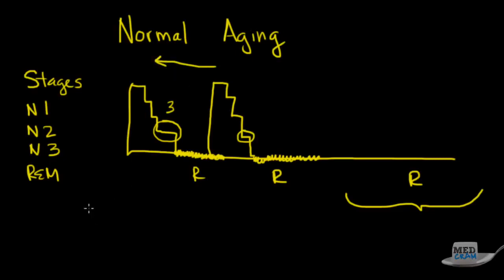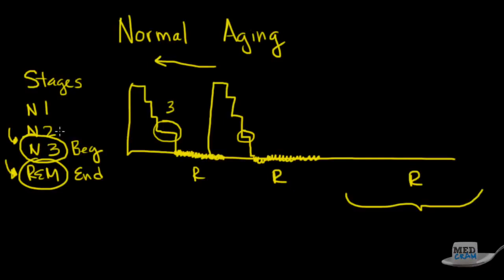So something that we see here in normal sleep is that stage 3 is concentrated toward the beginning of the night, and REM sleep is concentrated more towards the end of the night. Both of these are very restful. This is physically restful, stage 3 sleep. This is where growth hormone is produced. And REM sleep is very mentally restorative. So both of these are very, very important.